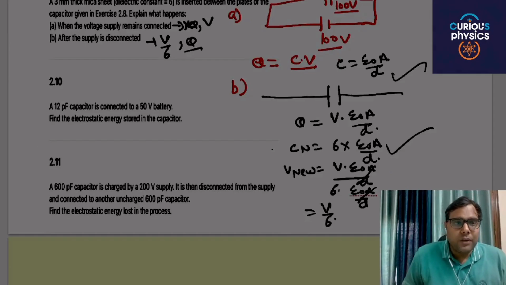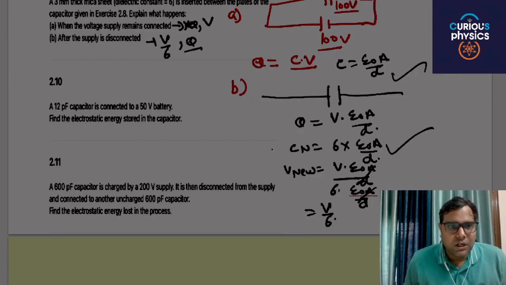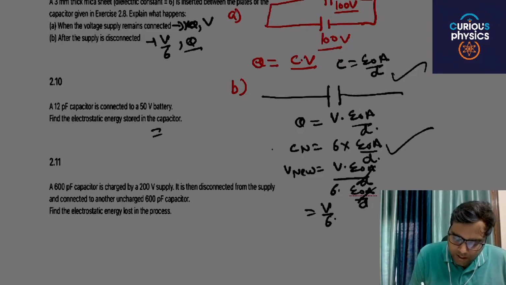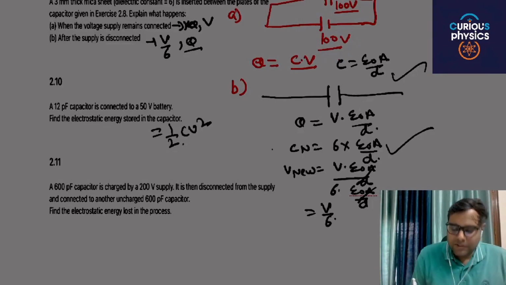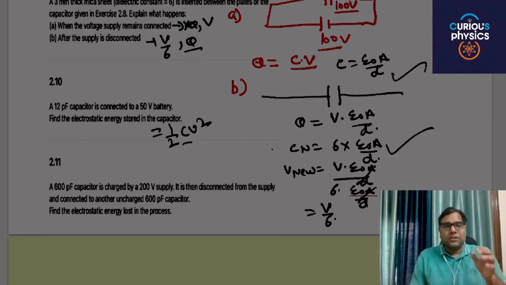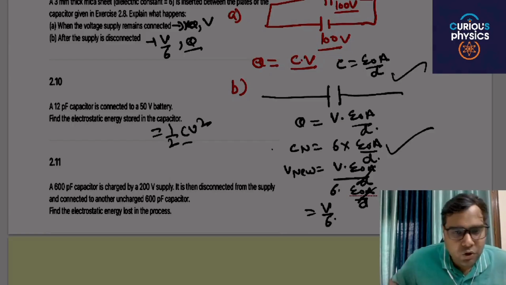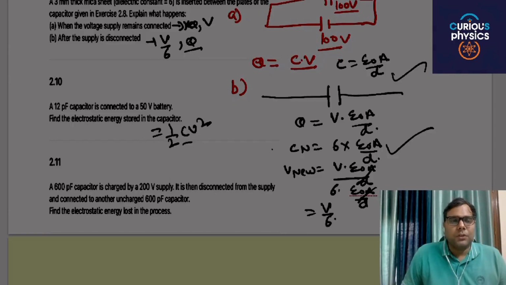A 12 picofarad capacitor is connected to a 50 volt battery. The next question is to find the electrostatic energy. Simply you have to find half CV square. Always remember how to use the units. If picofarad is there, then you have to multiply 12 into 10 raised to power minus 12.